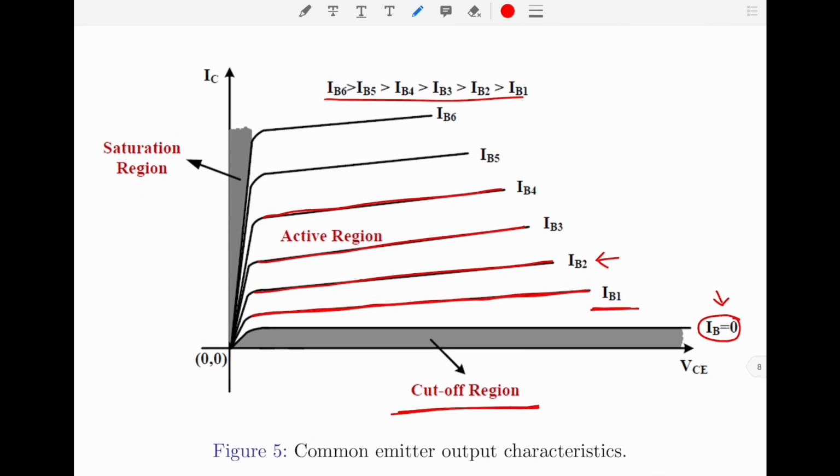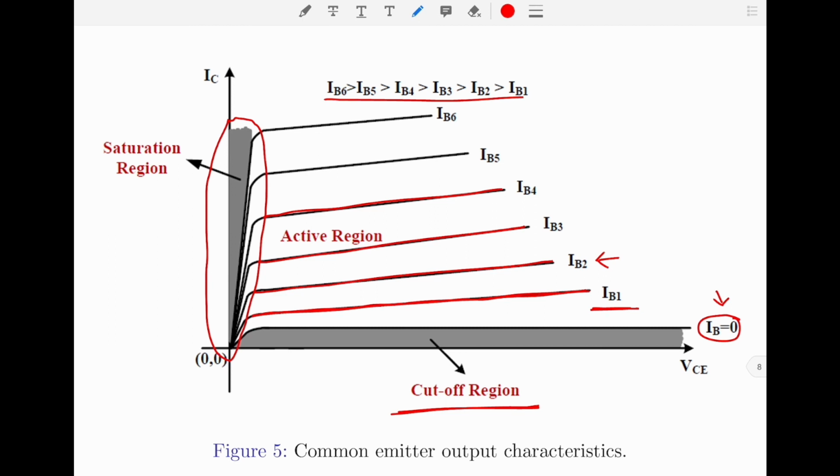This is shown in the common emitter characteristic curve in this region of operation, where you can see the collector current is shown to rise rapidly. The region of the characteristic curve where the collector current rises rapidly is said to be the saturation region of operation, and under the saturation region, both the collector to base junction as well as the base to emitter junction are forward biased.